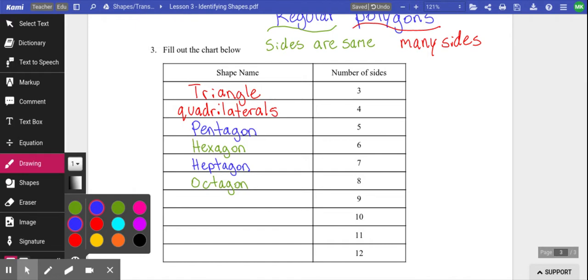A 9-sided shape is a nonagon. A 10-sided shape is a decagon. An 11-sided shape is a hendecagon.